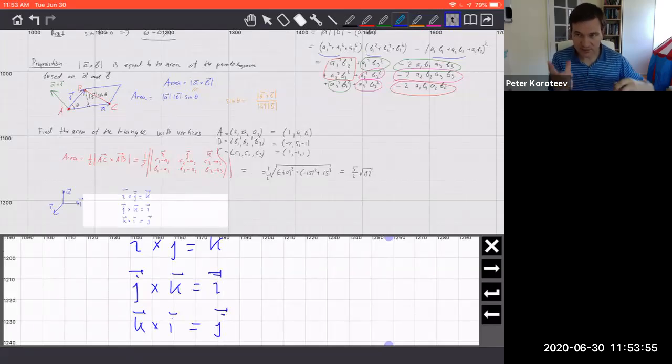Remember, you start with a vector on the thumb, then the next is along the index finger, and then the middle finger, which will show you the cross product.